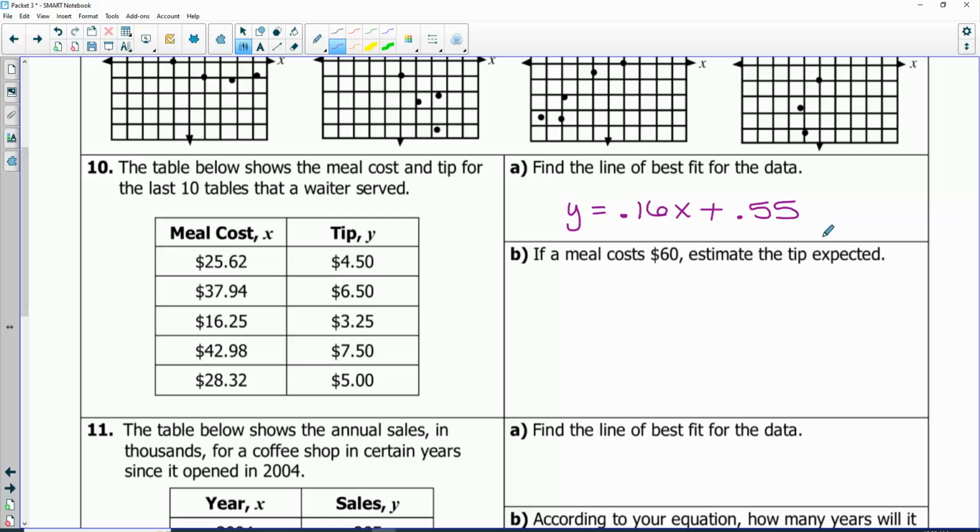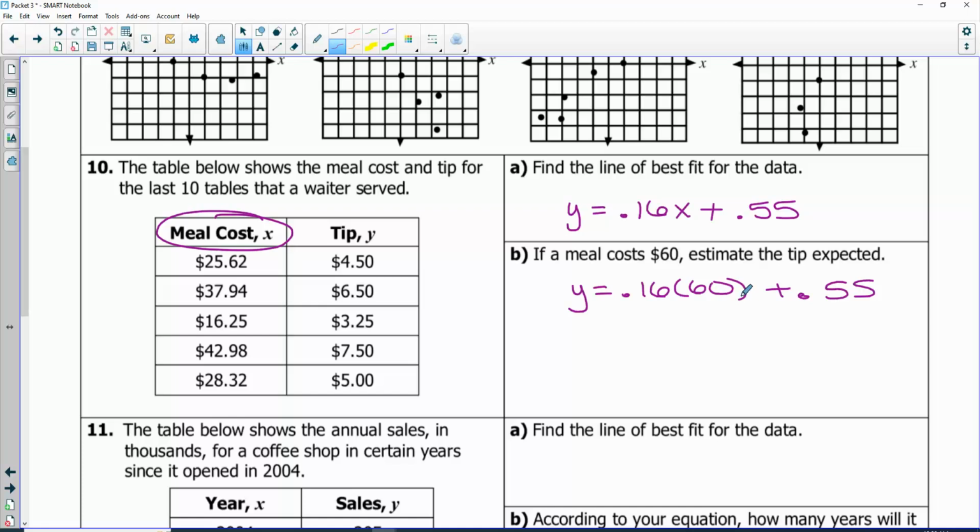Okay, how'd you do it? I've reset the memory on it. It's the fastest way. It's a lot faster than going back and adding them all. So now that we have the equation, part B says, is the meal cost $60, estimate the tip. Meal is the X, so all I'm going to do is go to my equation and plug in 60 for my X. You're welcome to just type that entire thing into your calculator right now.